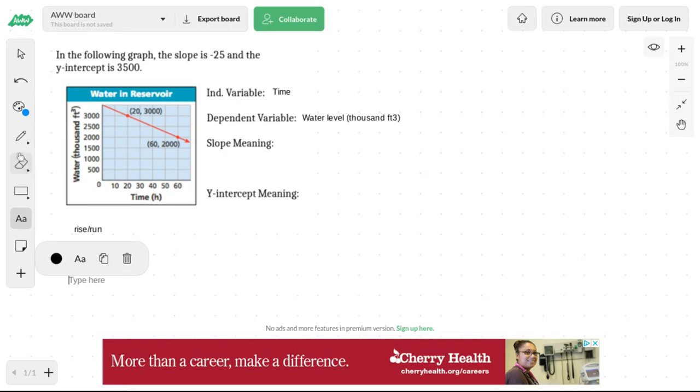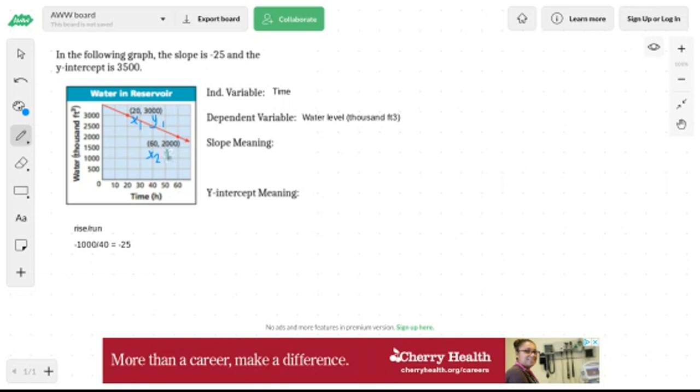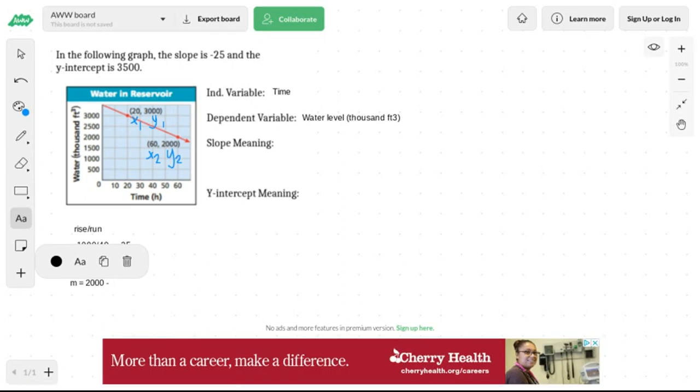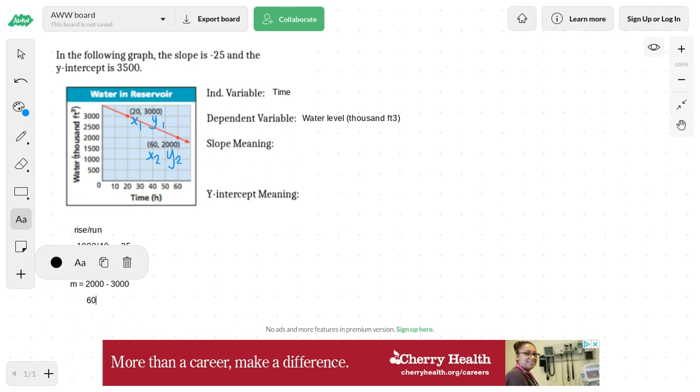Well, if I label these as x1 and then y1 and then x2 and y2, well, then my slope formula down here would be m equals y2, which is 2,000, minus y1, which is 3,000, over x2, which is 60, minus x1, which is 20.